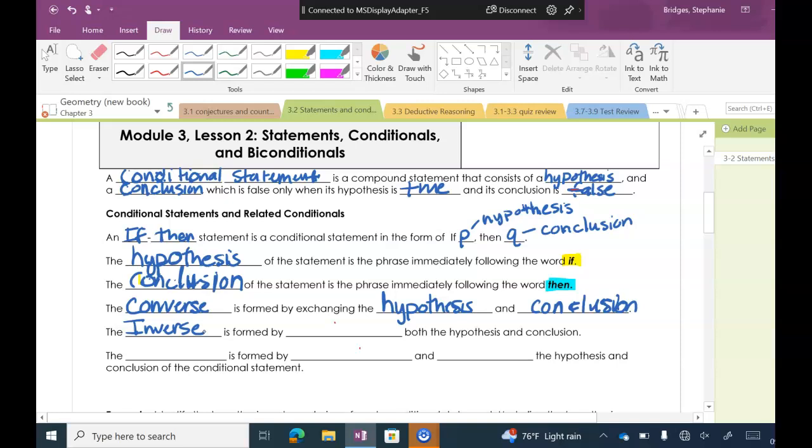The inverse of a conditional statement is formed by doing what we call negating both the hypothesis and the conclusion. So if I say I am going to do something, to negate that would be to say I'm not going to do that, right? Or to say something is blue, to negate it would say it is not blue.